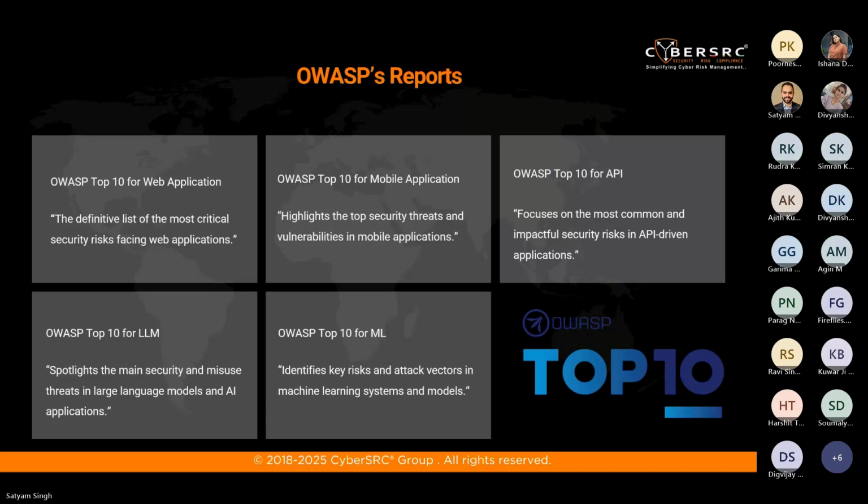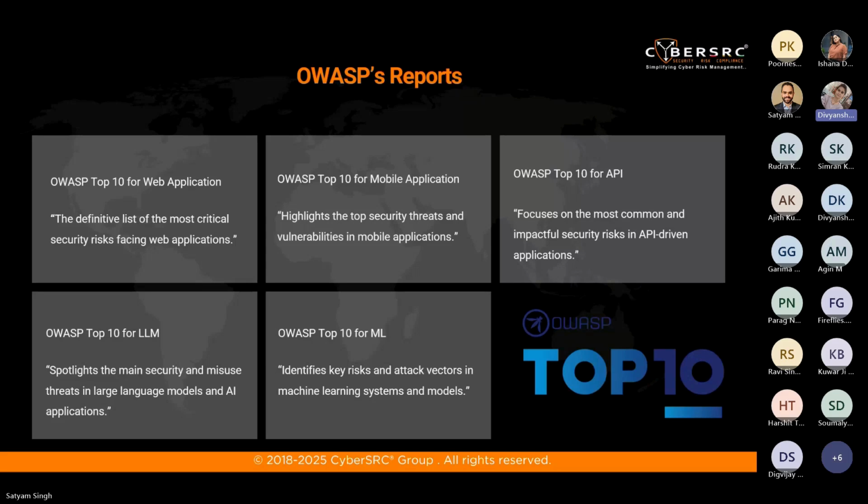Before that, on my screen, you can see the OWASP Top 10 for web application, which depicts the Top 10 reports for web applications in OWASP. And there is a mobile application OWASP Top 10, and even one for API that focuses on the most common and impactful security risks in API driven applications.